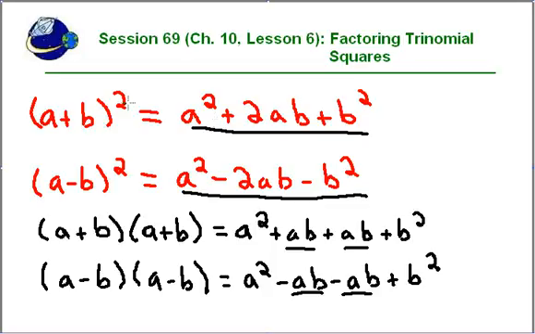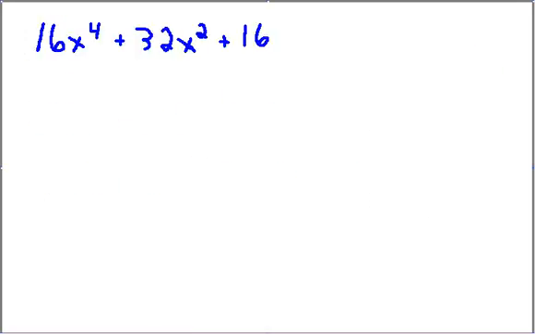Now that you've seen how that's been done, what we're going to now be doing is taking a look at trinomials, recognizing that they're squares and going backwards to factor them. So let's start off here. We have 16x to the fourth plus 32x squared plus 16.